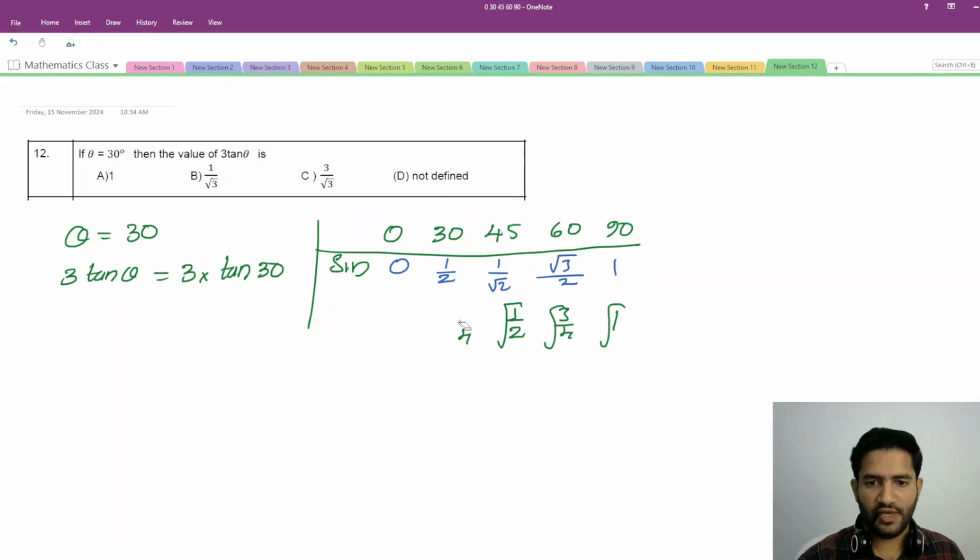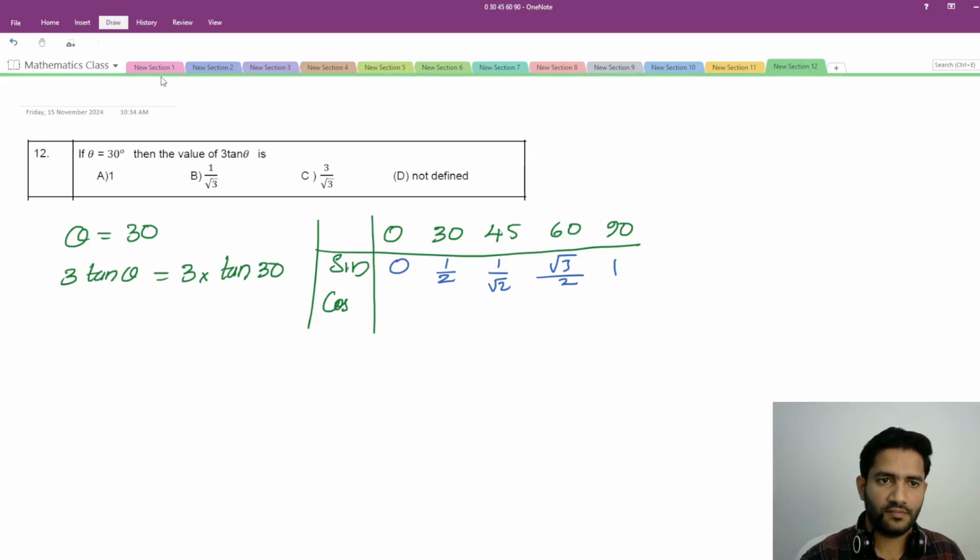Using the sine values we can find cos, cosec, sec, cot, anything. Just reverse the order and we get the values for cos: 1, root 3 by 2, 1 by root 2, 1 by 2 and 0.